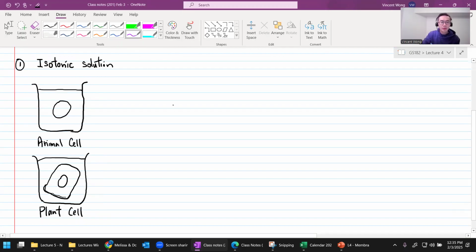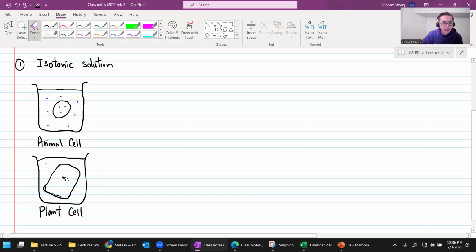Now I'm gonna use purple dots to represent the concentration of the solution as well as inside the cell. Basically, the more dots you see, the higher the concentration. So in an isotonic solution, the concentration of the solution is the same as the concentration of the cell.